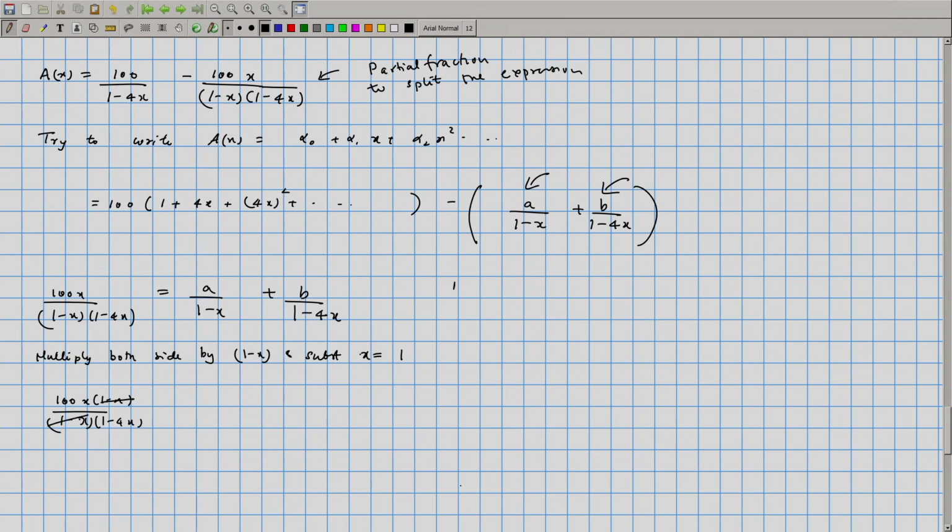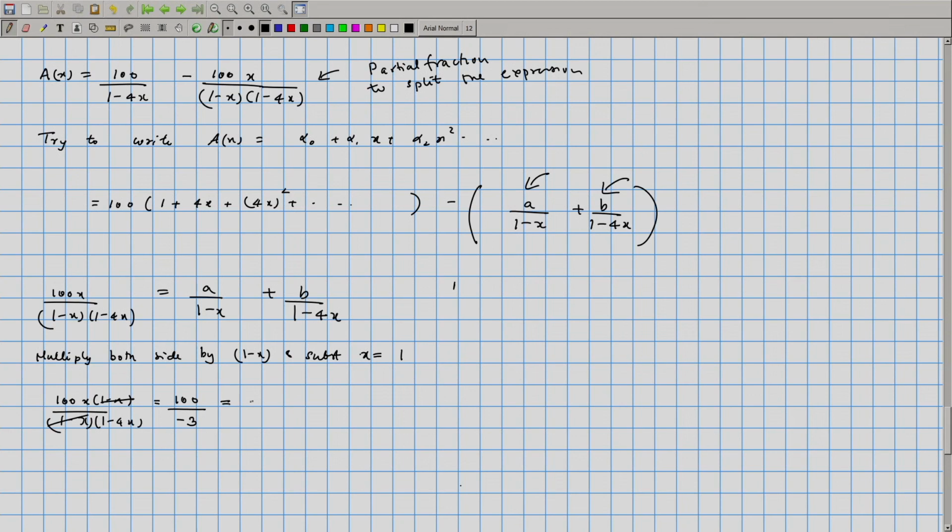Now, when you substitute x equals 1, you will get 100 by 1 minus 4, that is minus 3. Okay. And on the right hand side, the 1 minus x terms will cancel off, whereas b by 1 minus 4 x into 1 minus x, when you put x equals 1, the 1 minus x term becomes 0 and hence the right hand side of this equation is going to be equal to a.